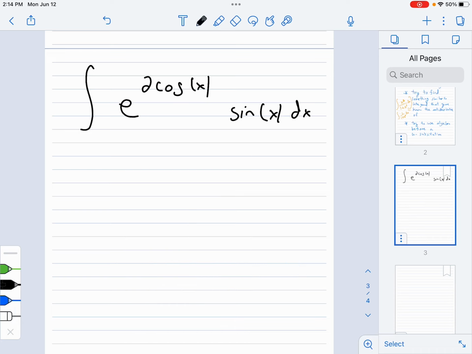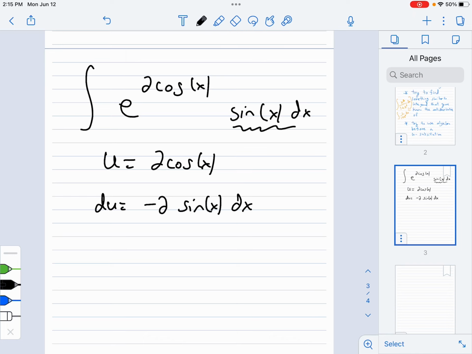Well, I would say 2 cosine x. The reason for that is because the derivative of 2 cosine x is minus 2 sine x dx, which appears right here. So that's an indication that it would be a good pick for you.